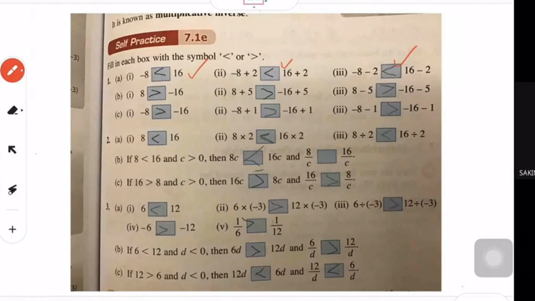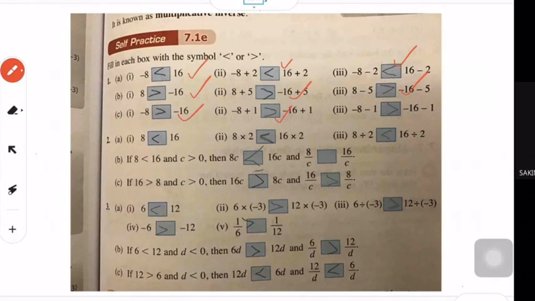Number 1B, 8 is greater than negative 16, yes. When you plus, the symbol is still greater than. You minus also, the symbol is greater than. Okay. For 1C, negative 8 is greater than negative 16. So when you plus 1 both sides, the symbol is the same.